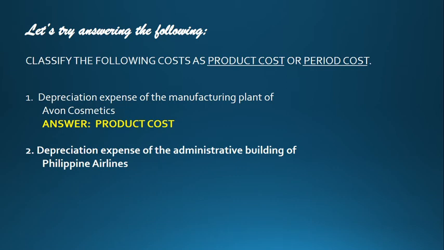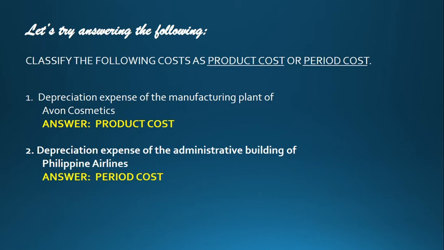Number 2, depreciation expense of the administrative building of Philippine Airlines. So, depreciation expense naman siya ng admin building. The answer will be period costs. Specifically, it falls on the general and administrative expense.